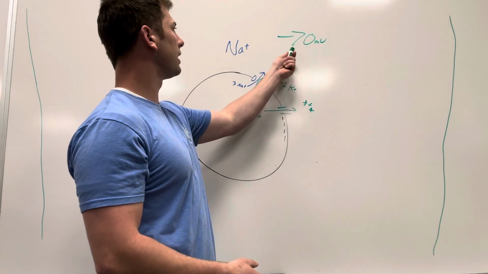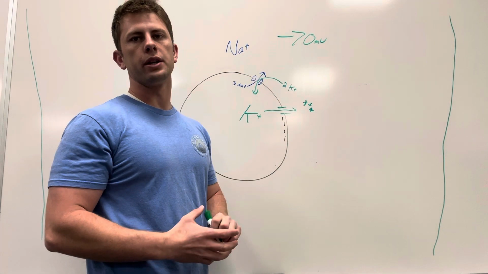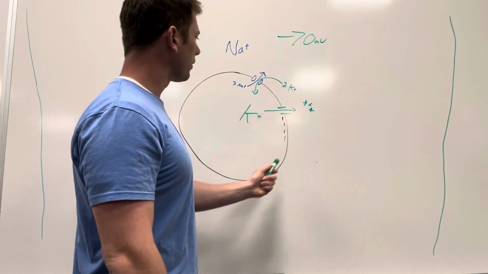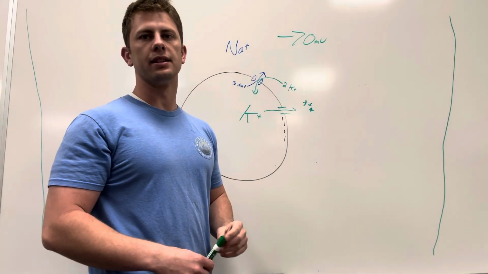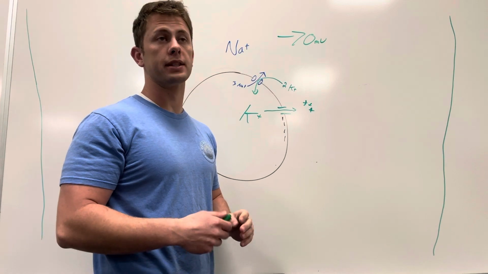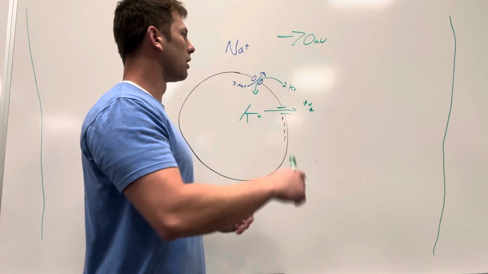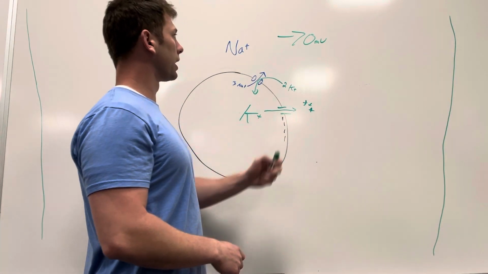And how we get that is through what's called the Goldman equation. It's a long equation that takes into account all the ions passing in and out of the cell, as well as the cell's permeability to those ions. It's a long equation, but we can get this negative 70.